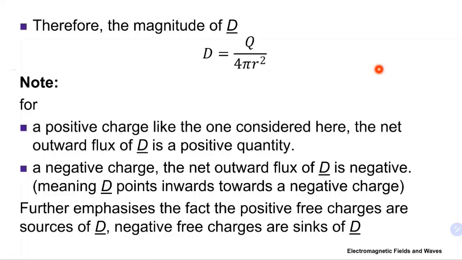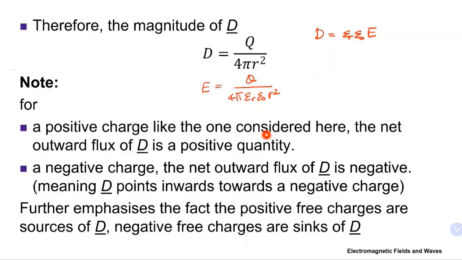And we know that D is equal to epsilon r epsilon naught times E. And therefore E will be equal to Q over 4 pi epsilon r epsilon naught r squared. And that's what we have learned in Coulomb's law.